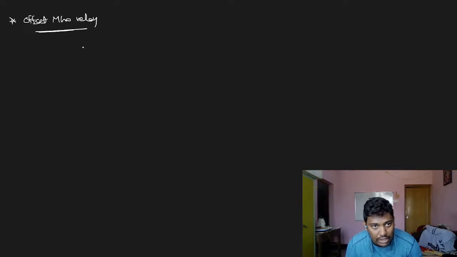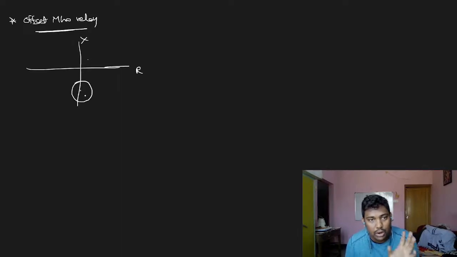This offset mho relay will have R-X characteristics in between fourth quadrant and third quadrant like this. Generally it will be having like this.